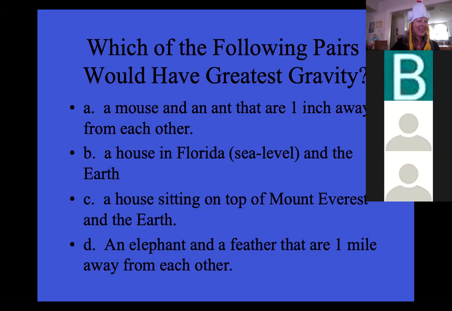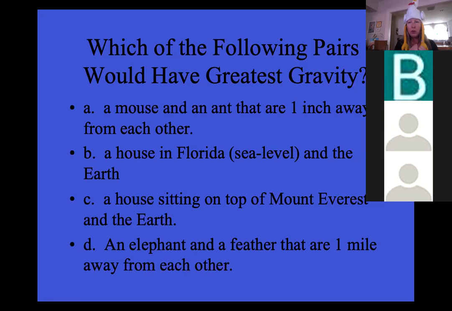I'm thinking D. You're thinking D, an elephant and a feather? Yeah. Well, the only thing about the elephant and the feather here is, an elephant has a large mass, right? So remember that gravity is dependent on mass and distance.